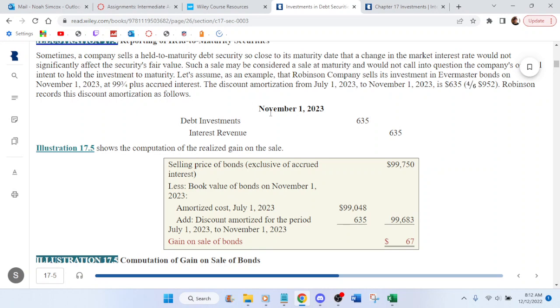Selling price of bonds. So is this the book value of the bonds? Amortized cost, add discount amortized for the period, and you have gain on sale of bonds.